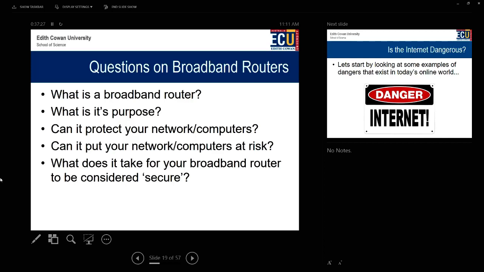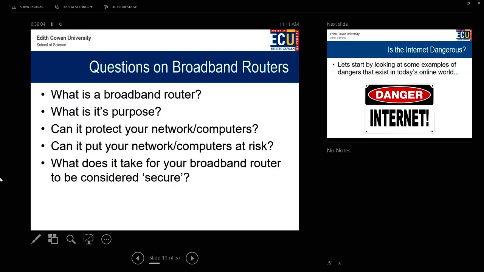Don't answer this question out loud, just answer within yourself: how many of you have changed the default password of your broadband router? Those who have not, just don't raise their hands. If I come to your house with my mobile device or any wireless device and scan the networks available around me, and I find that your broadband connection is visible to me and running on default settings, I can log into your broadband router.